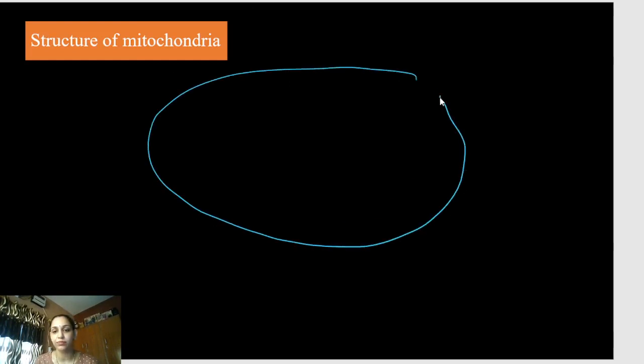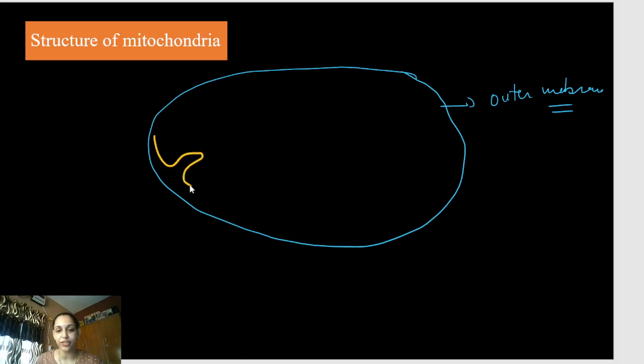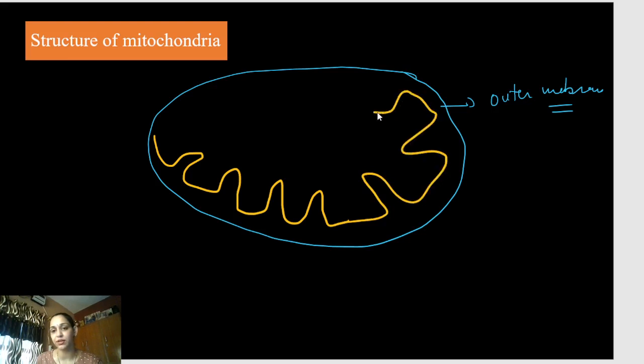Come to the structure of mitochondria. This is the outer membrane. Outer membrane. Inner membrane, a folded structure of the inner membrane. This folded structure increases the surface area of the inner membrane.